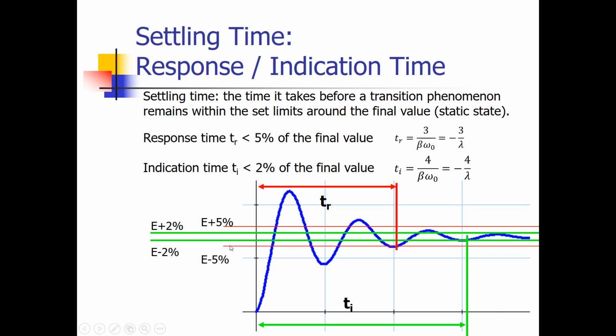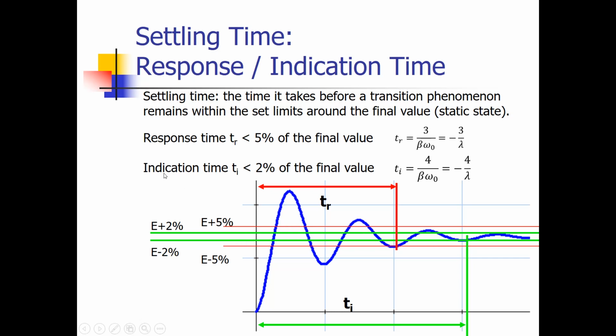You can see it over here. These two red lines define a band around the output signal of 5%. And you see the signal stays within 5% of its end value. So you can say the response time is the time between the start of your output signal and the moment that the output signal is within 5% of its end value.